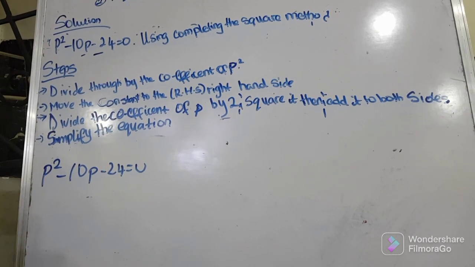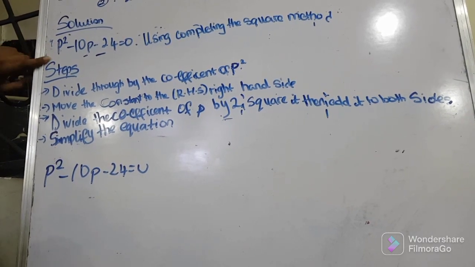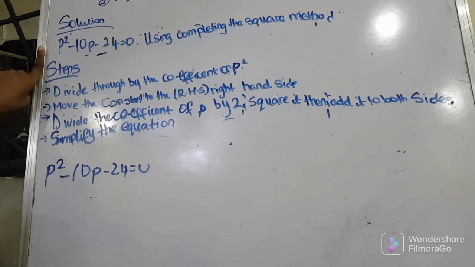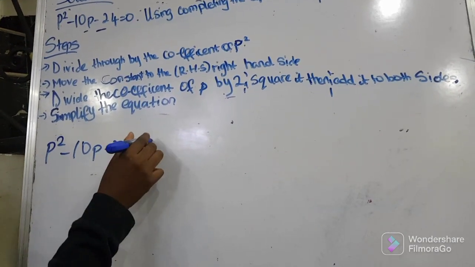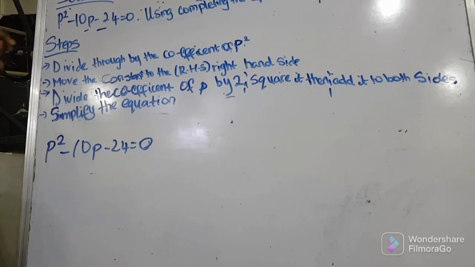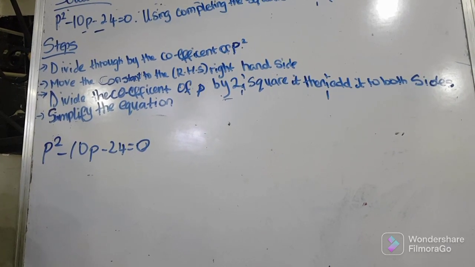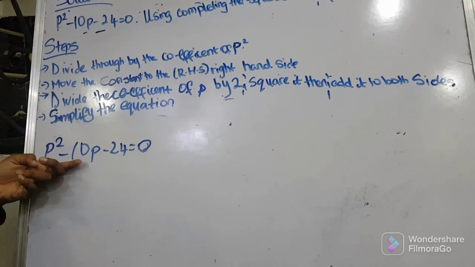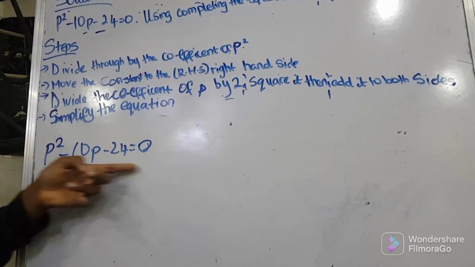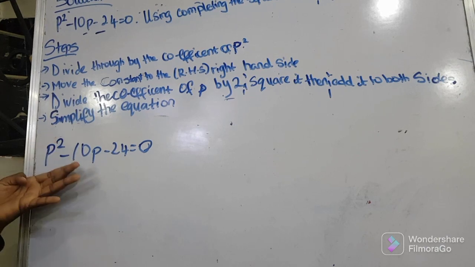Before moving further, note that the coefficient of p squared isn't 0, it is 1. Okay, is it? You said equal to 0, right? Yes. Note that the coefficient of p squared isn't 0, but it is 1. It is because it is 1 that we rewrote the figures again, because everything divided by 1 will still give you the same answer.